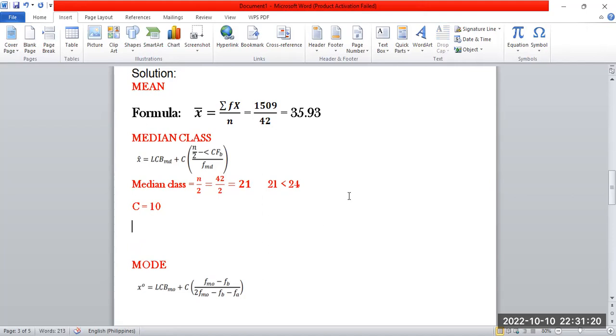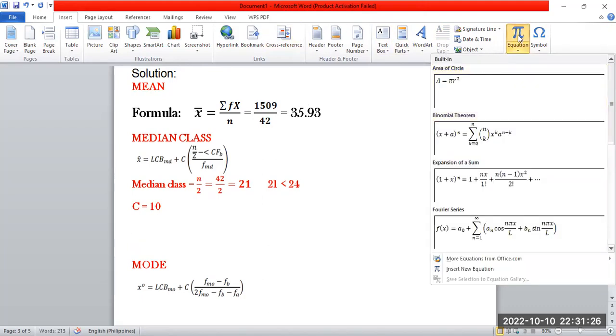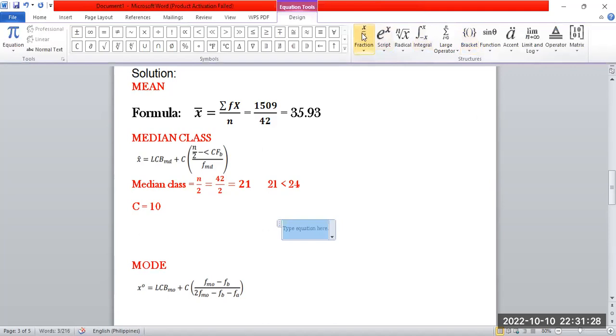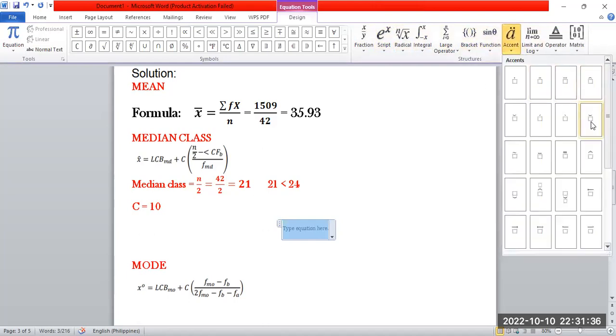Okay, so now we can proceed in computing the median.